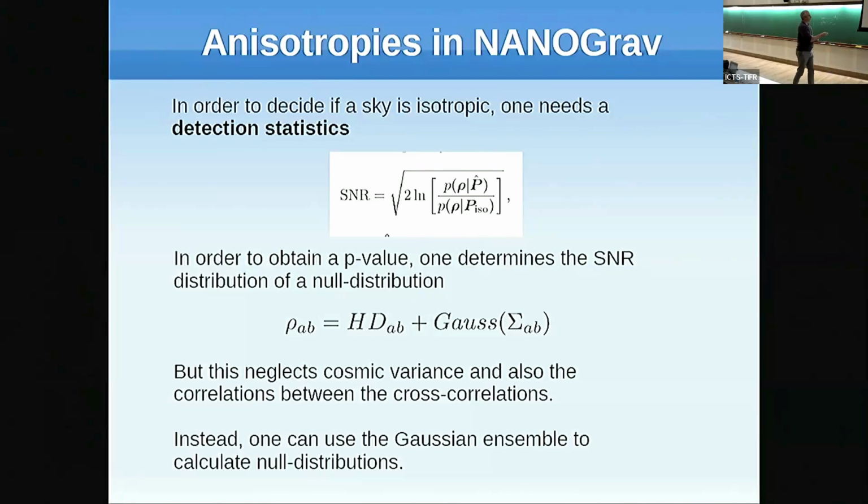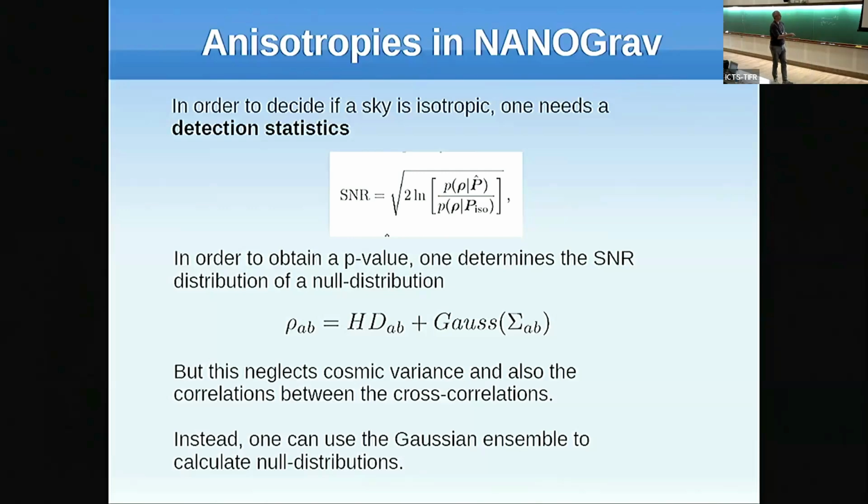And now you just feed this into the SNR and you get a null distribution. This is a distribution of SNR that you expect for a homogeneous sky. And now if I give you again some 2-point functions, you can see how likely it is that this is actually a homogeneous sky. Okay? At least this is the idea.